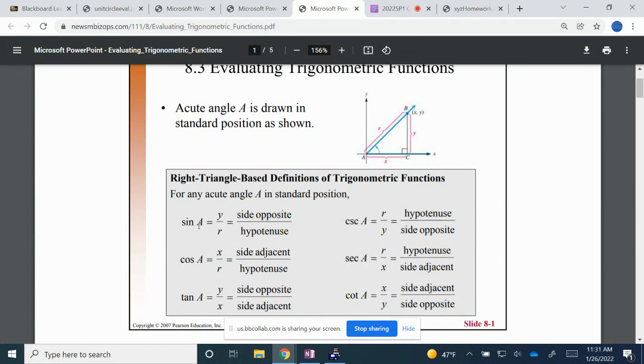So in order to find the sine of any angle, we simply locate the y coordinate. The cosine is x over r, right? So again, in the unit circle, the radius is 1. So we can find the cosine of any angle in the unit circle, right, by simply denoting the x value. And then we have the tangent as y over x, and we have those reciprocals.